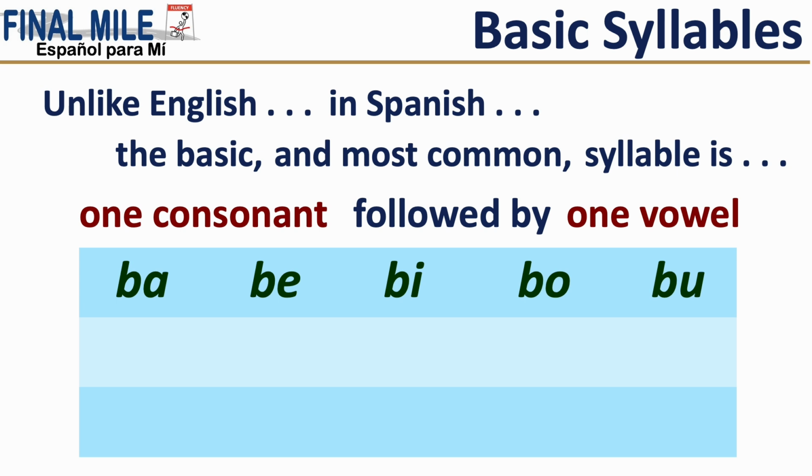Our English brain would look at that and say, that's by. It's not by. So we're training our brain to speak Spanish. O, bo, u, bu. I just want to show you how to map the sound, right? How to carry the sound of the vowel by itself to the basic syllable. So we have ba, be, bi, bo, bu.